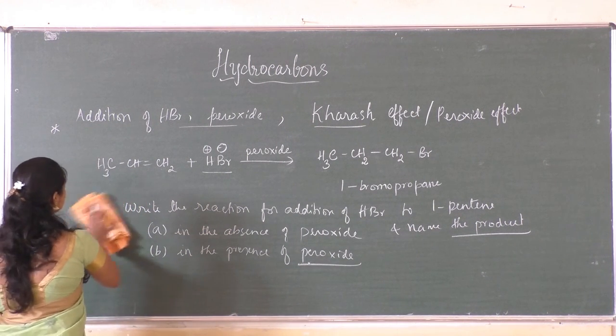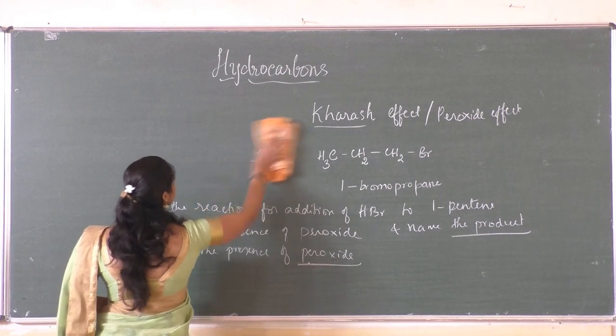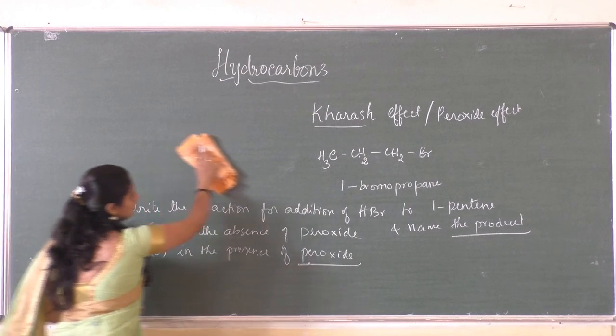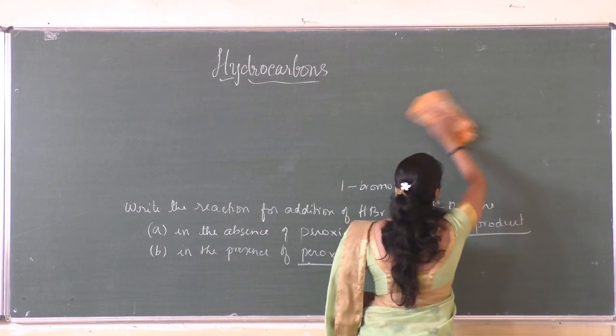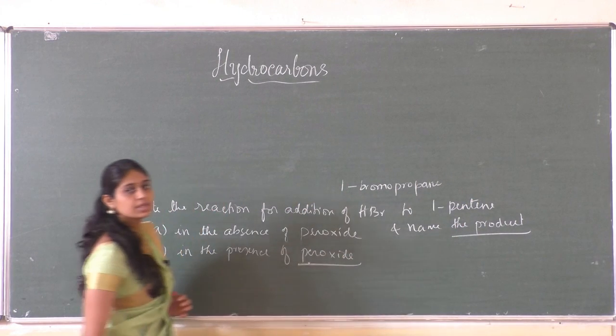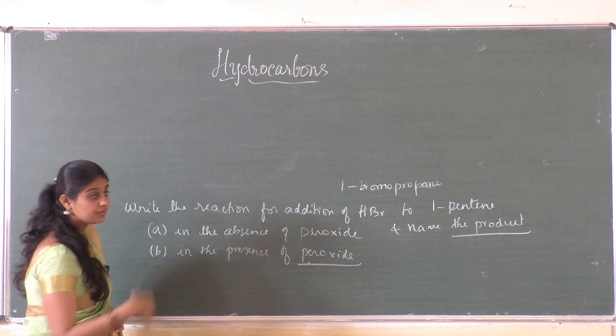Now we need to see the addition of water to alkene, that too in the presence of a few drops of concentrated sulfuric acid. We have seen the reversal of this reaction.